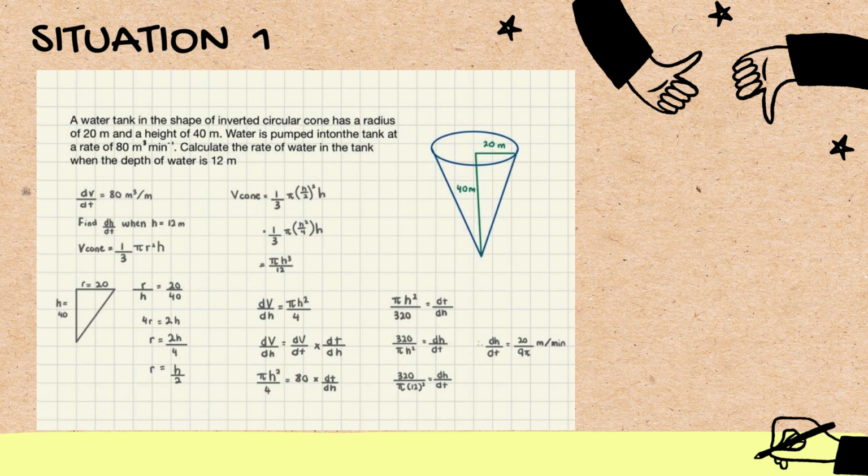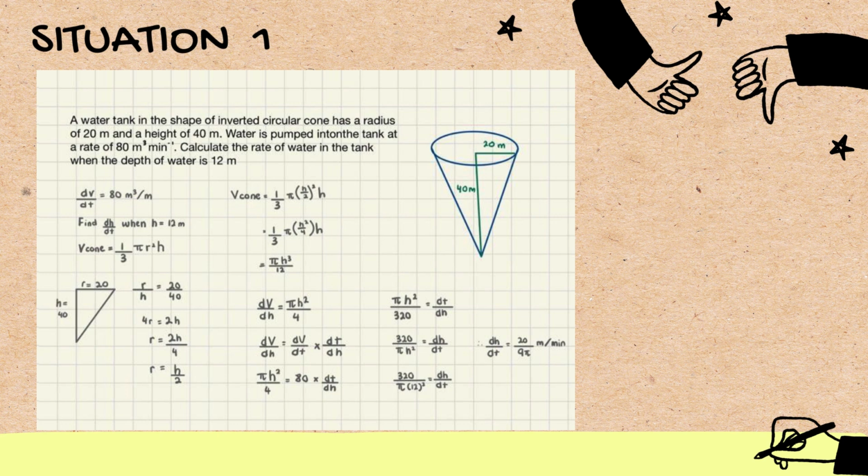So, guys, as we can see here, this is our situation one. The question is: a water tank in the shape of an inverted circular cone has a radius of 20 meter and a height of 40 meter. Water is pumped into the tank at a rate of 80 meter cube per minute.